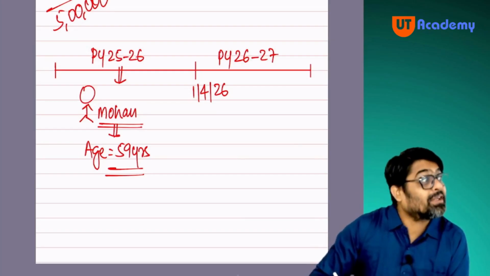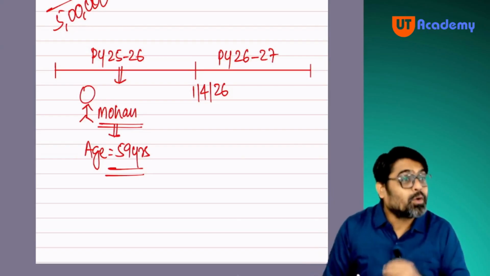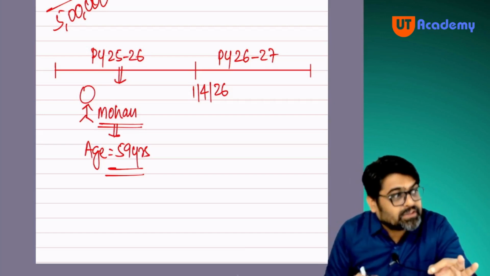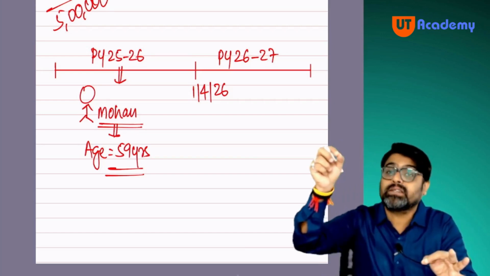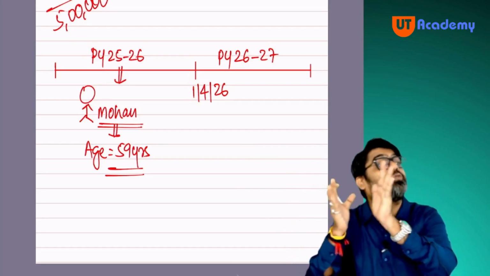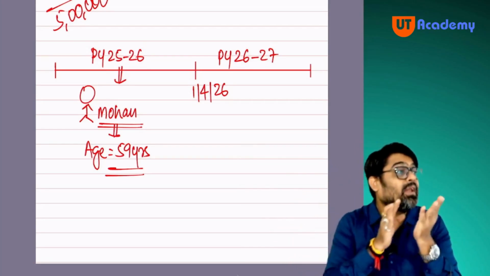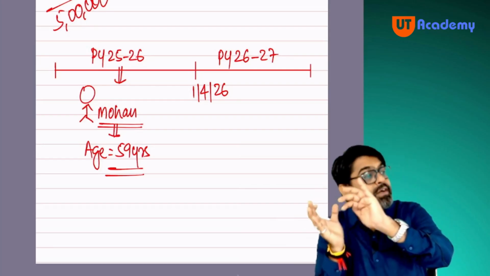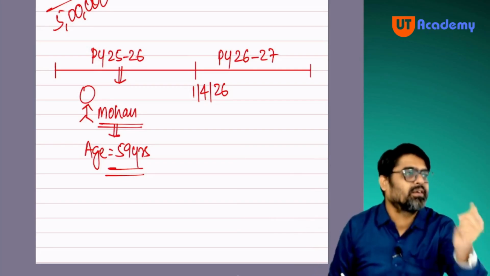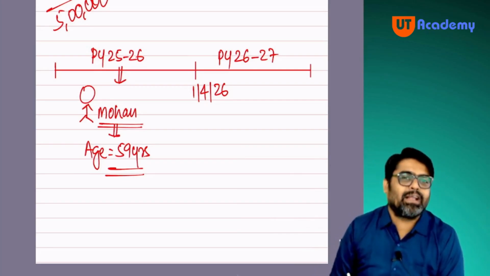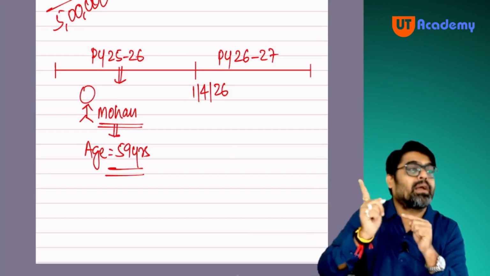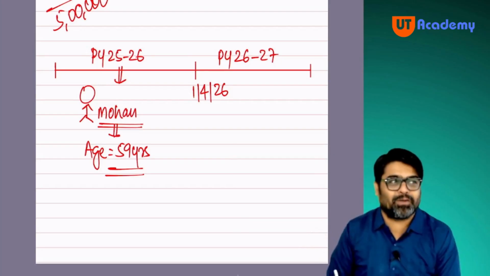He will complete his 60 years of age on 31st March, and on 1st April 2026, he will enter his 61st year. So tell me, will he become a senior citizen in the next previous year, or in this previous year only?